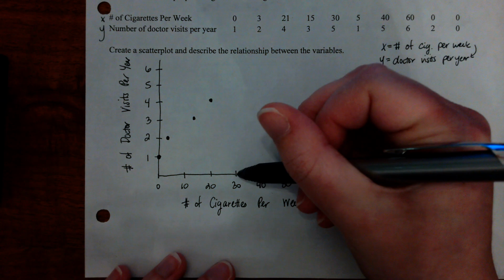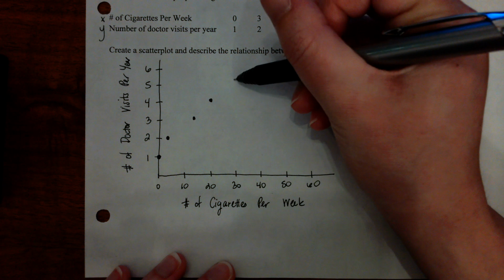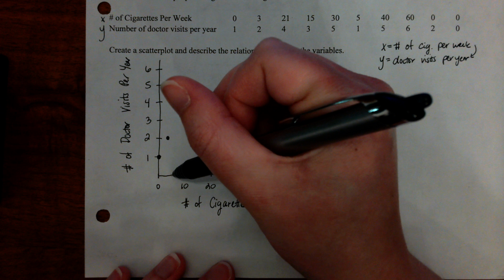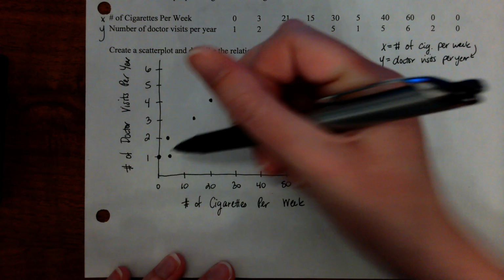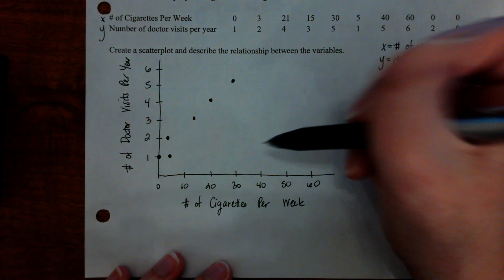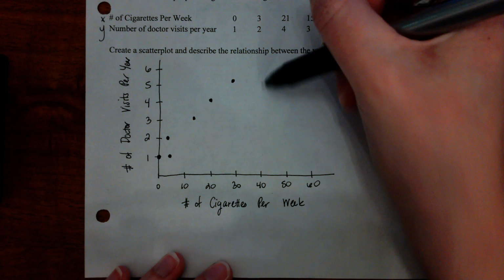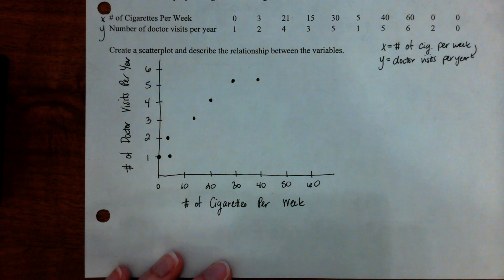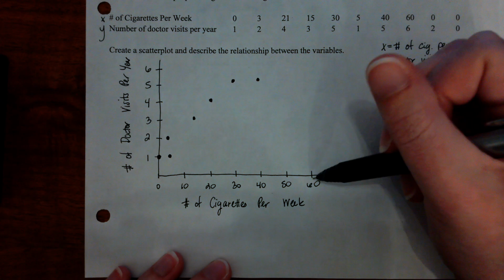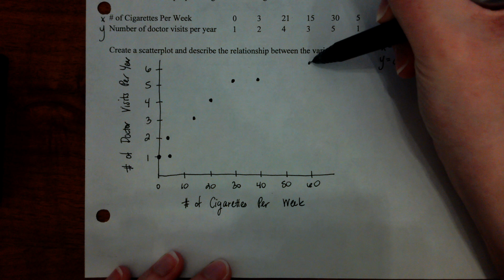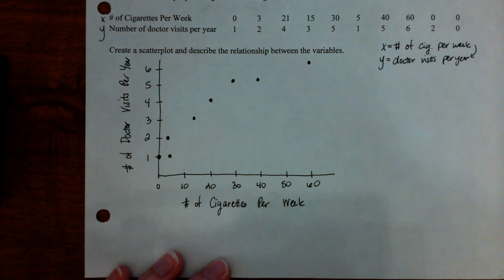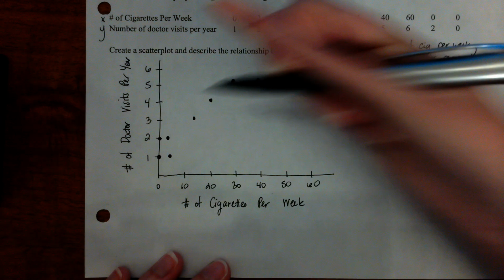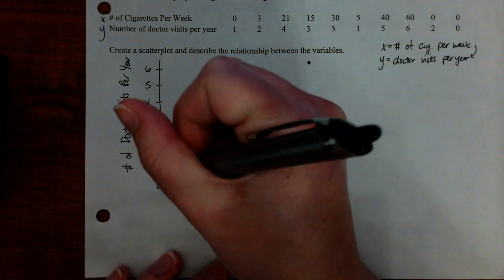We got 35, 5, 1, 45, 40 and 5. Then we got 66. We got 0, 2, and 0, 0.